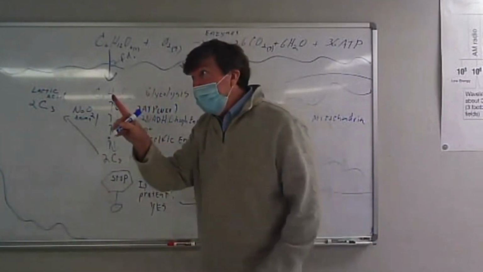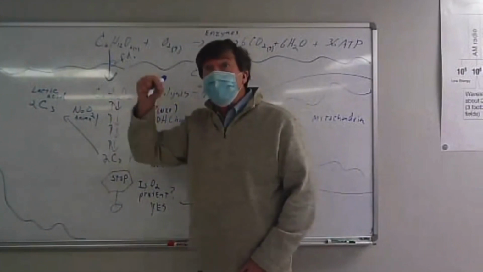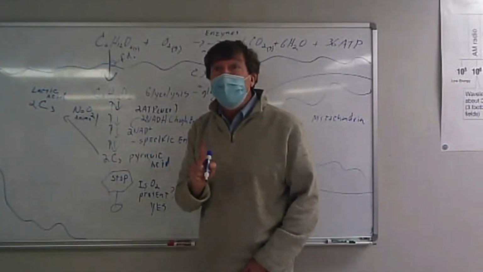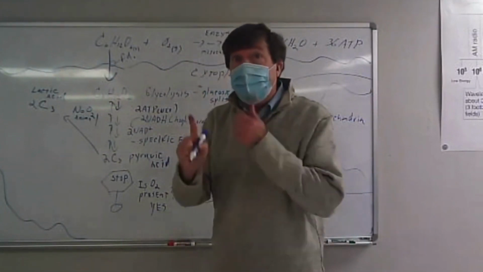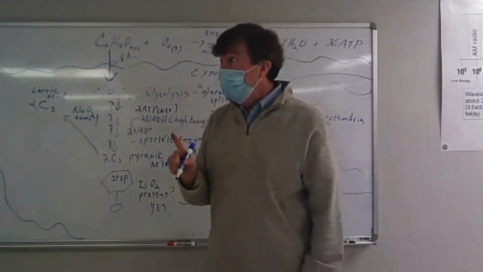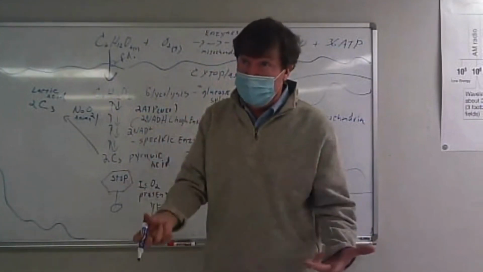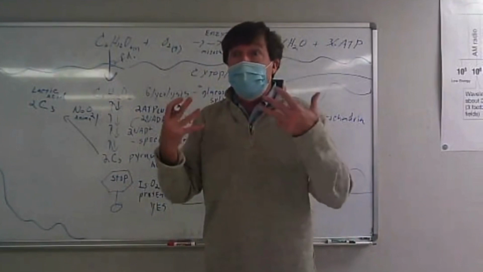But you guys know you're going to run out of breath. You're going as hard as you can. When you run out of breath, you throw your body into an anaerobic state. Anaerobic state, not aerobic. Aerobic is with oxygen. Anaerobic is without oxygen.